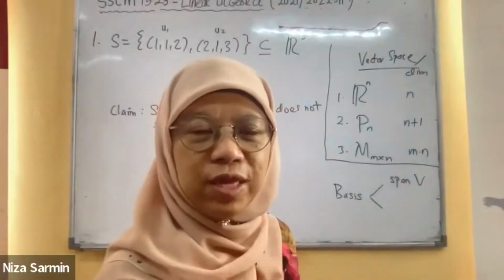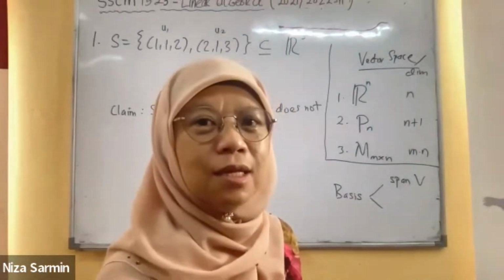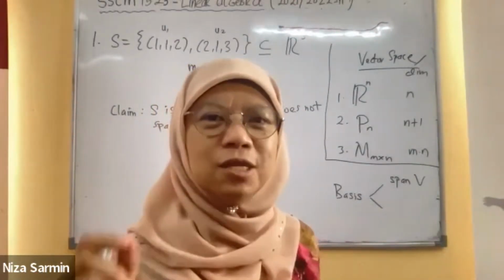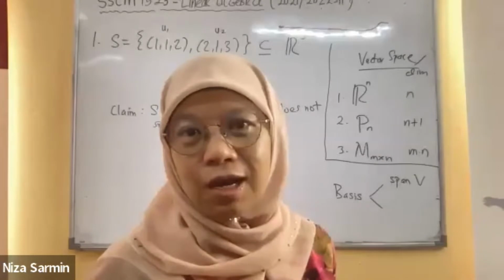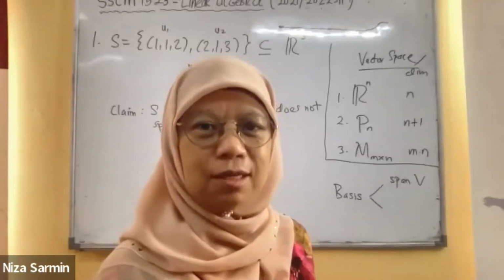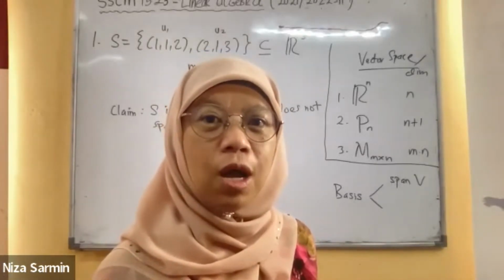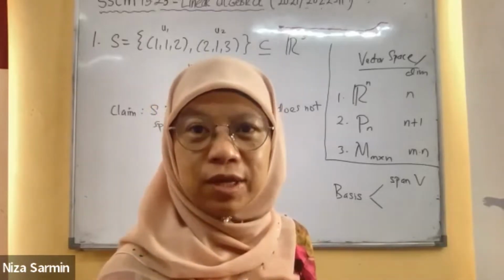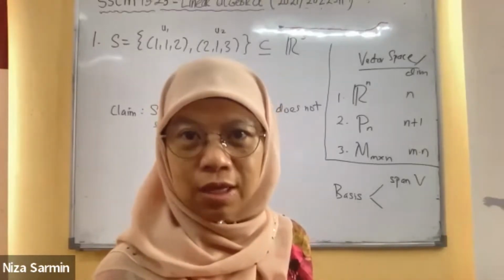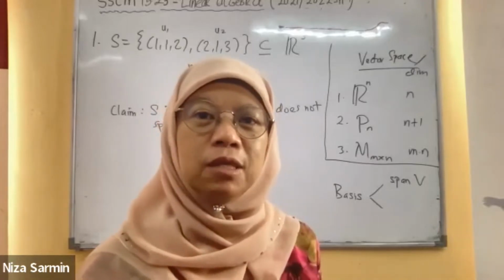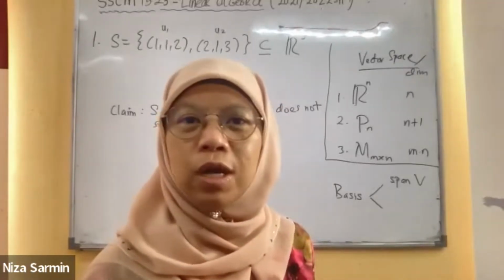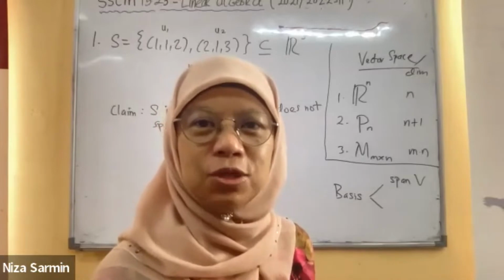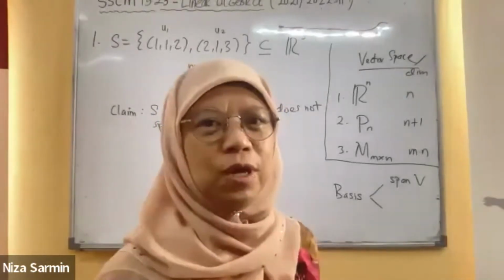For all Y in V, there exist C1, C2, C3 until Cm in R, such that any vector Y in V can be written as a linear combination of vectors in S. So there exist C1, C2, until Cn in R, such that Y is C1 U1 plus C2 U2 until Cn Un.